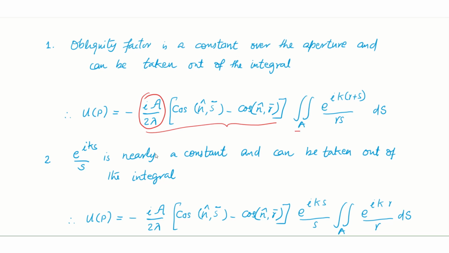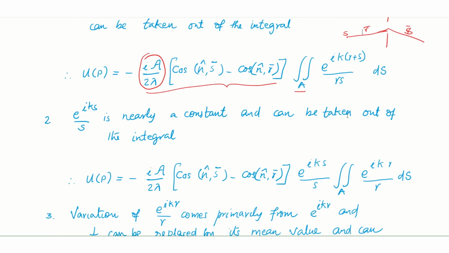Then we have the area integral of e to the power ik(r plus s). Here we have taken the source distance as s, and here r. Okay, this is e to the power ik(r plus s).